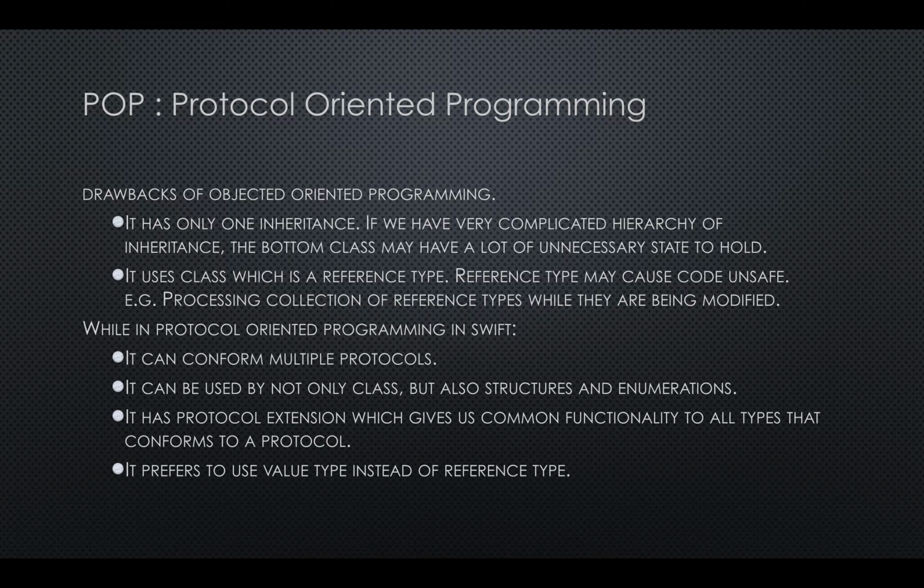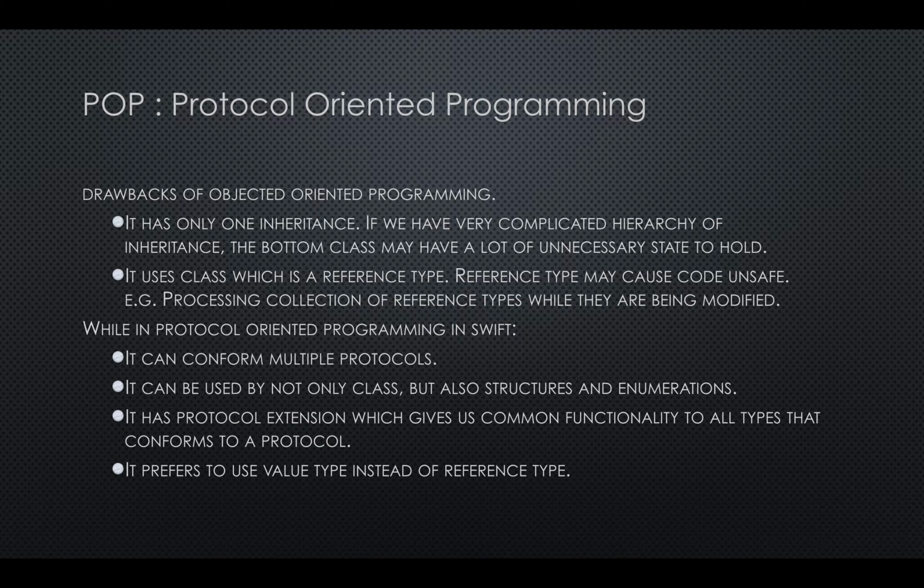So that's the problem. And then also, object oriented programming is mostly reference type. It uses classes, which are reference types, and reference types may cause code to be unsafe. For example, processing a collection of reference types while they are being modified. So the drawback with object oriented programming is it uses reference types, which can lead to performance issues.